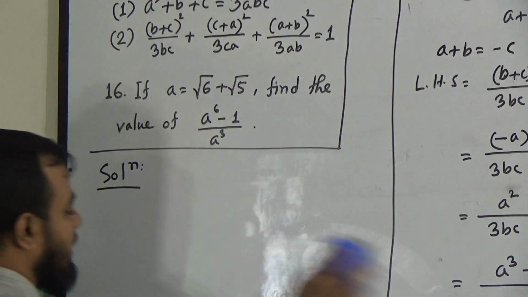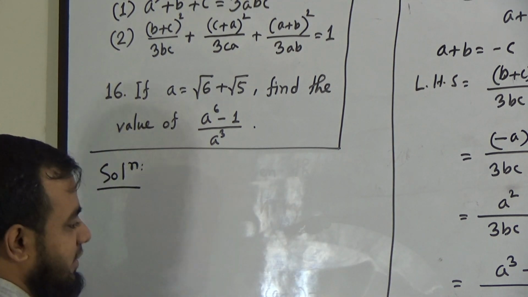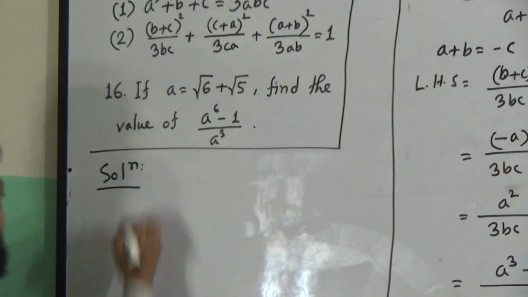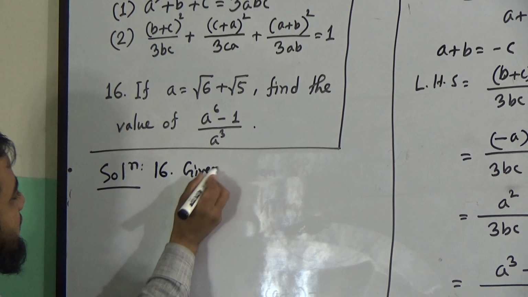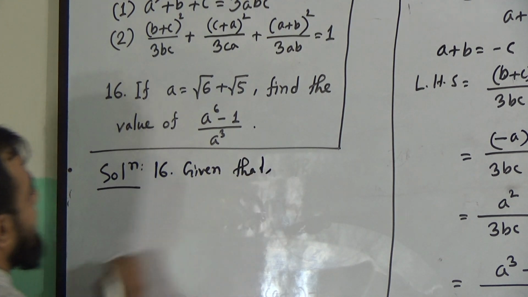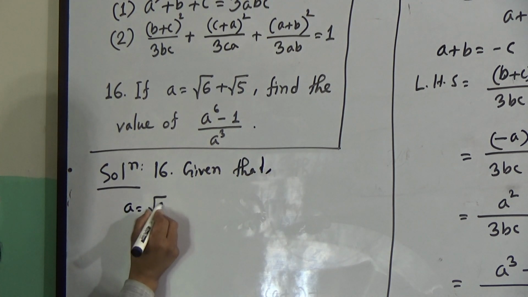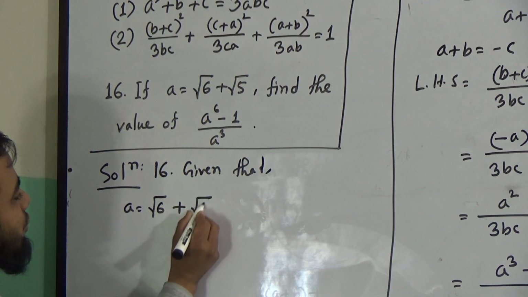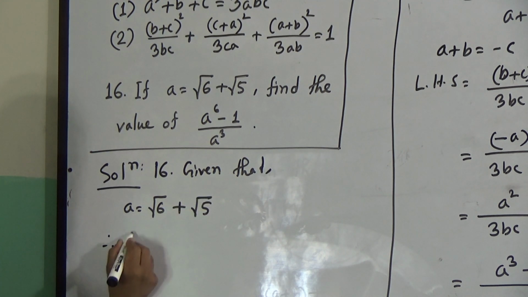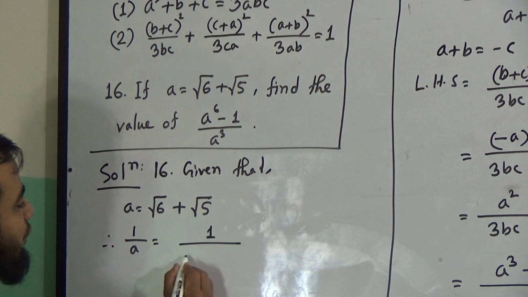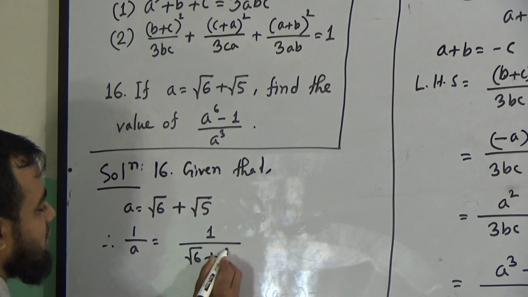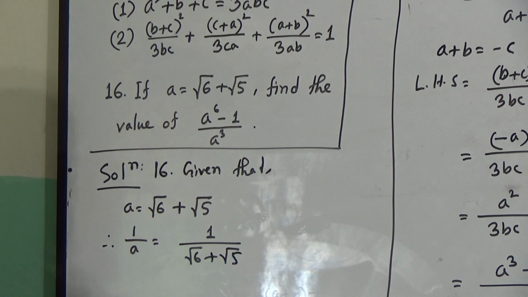To solve this one, I am going to erase this. Now the students, is 16 number question. Given that a is equal to square root of 6 plus square root of 5, therefore 1 upon a is equal to 1 upon square root of 6 plus square root of 5. Now we need to omit these radicands from the denominator.